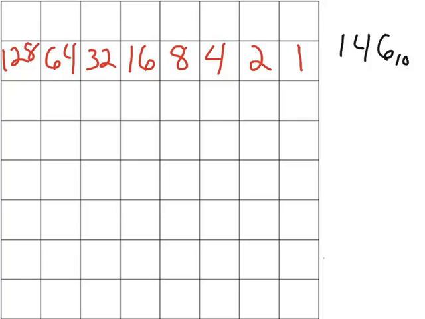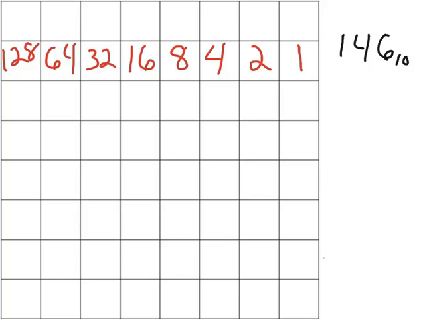And my goal in this screencast is converting that decimal number into a binary number. So I'm going to write binary in blue, decimal in black, and any place values I have to indicate will be in red.